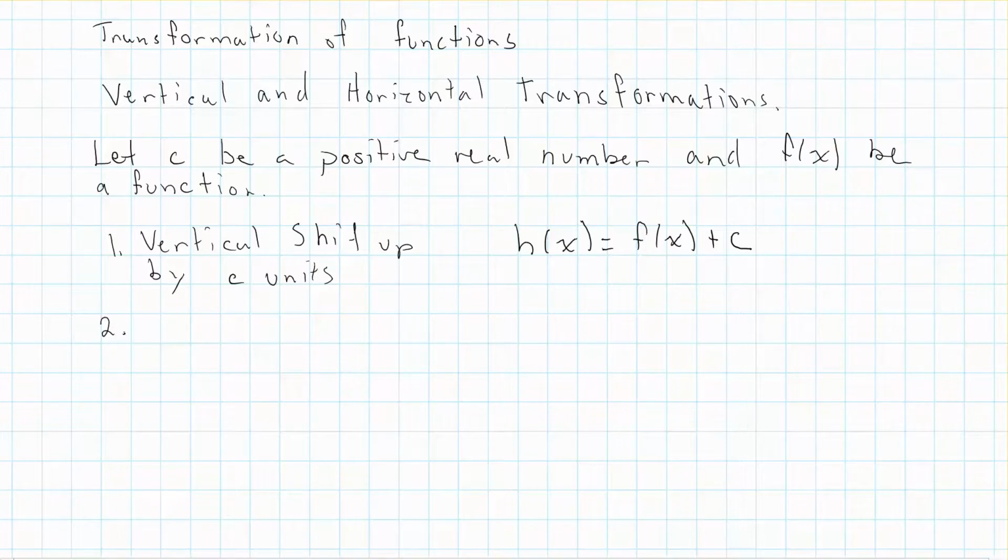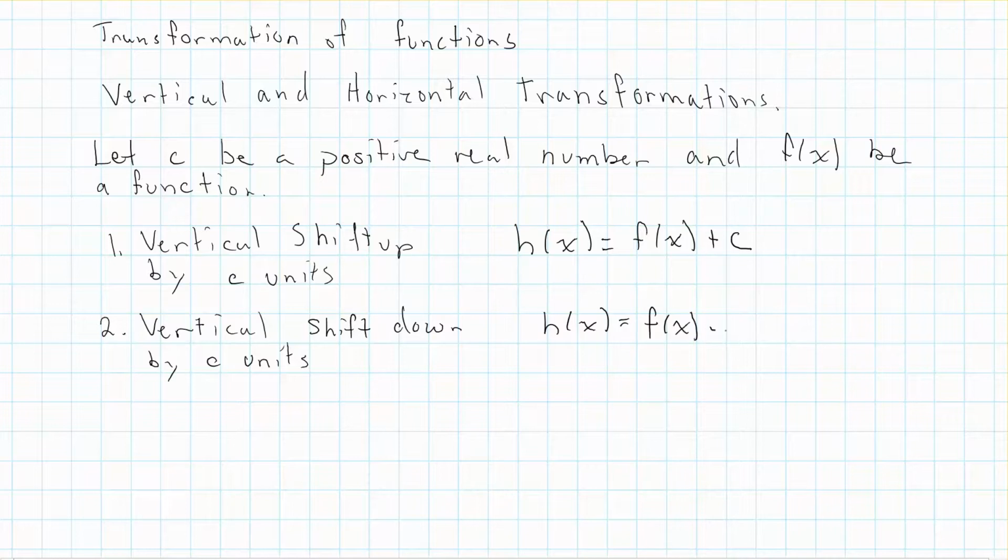And you might guess the next one here is going to be a vertical shift down by C units. And again, you might guess if it's f at x plus c for a vertical shift up, for a vertical shift down, it would be f at x minus c.